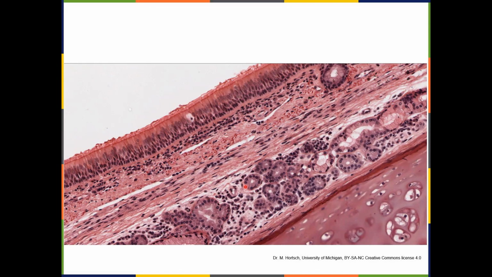More epithelial tissue here forms glands that produce mucus to help to lubricate the surface of this epithelium. And then there's this type of connective tissue called cartilage that helps to provide structural support, holding open the trachea as we breathe.